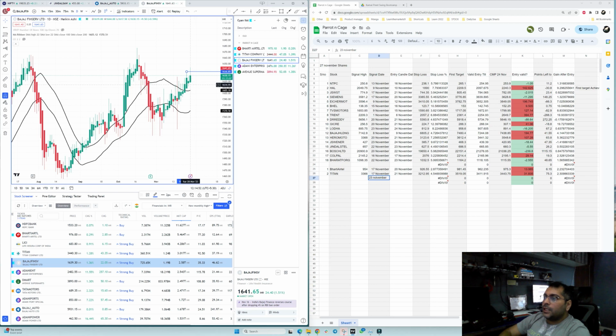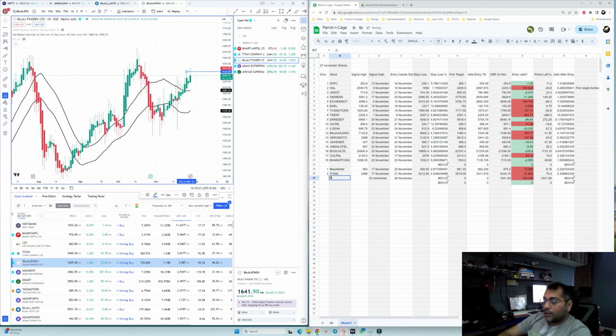Now, fortunately, on 28th of November, today, we have our entry because here the price just crossed. Currently, the price is 1641.65.